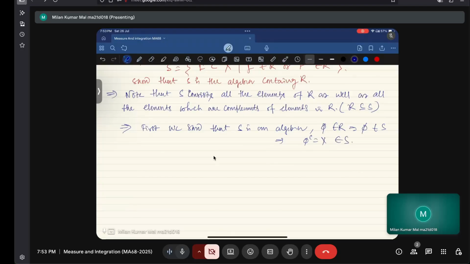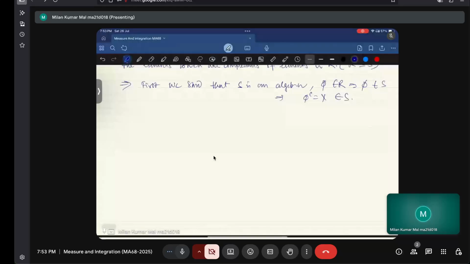Secondly, is it closed under union? If E and F are two elements in S, I have to show that it is closed under union.